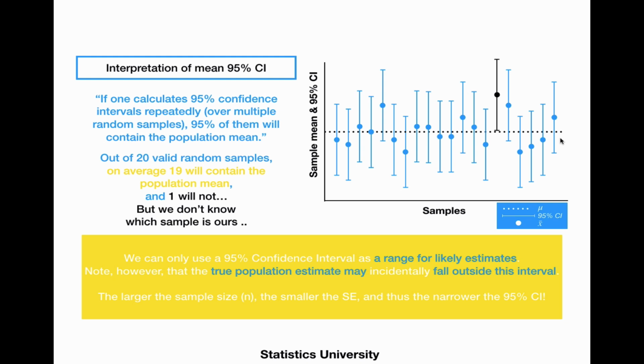We can only say that to the best of our ability, we consider it a range for likely estimates of the true population value. But we should acknowledge that sometimes the population estimate may incidentally fall outside that interval.